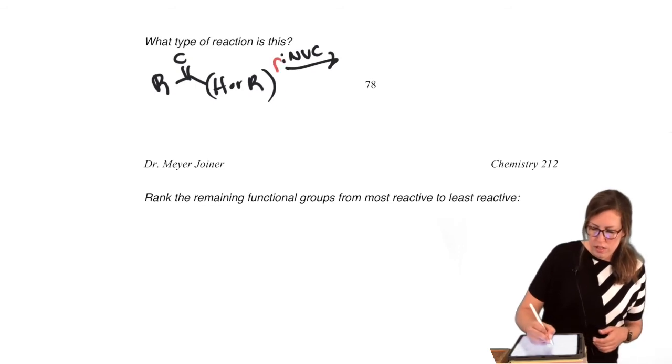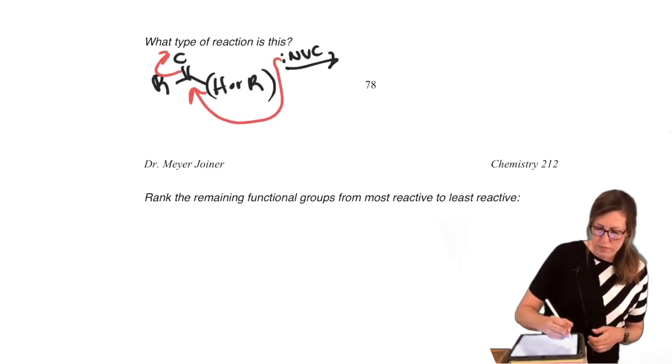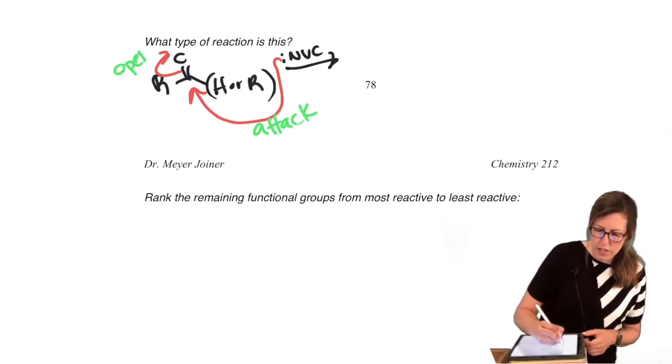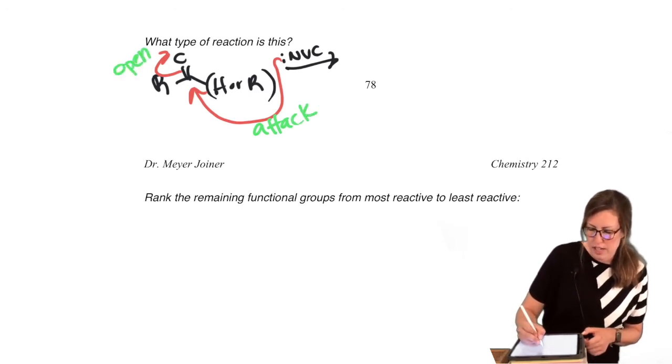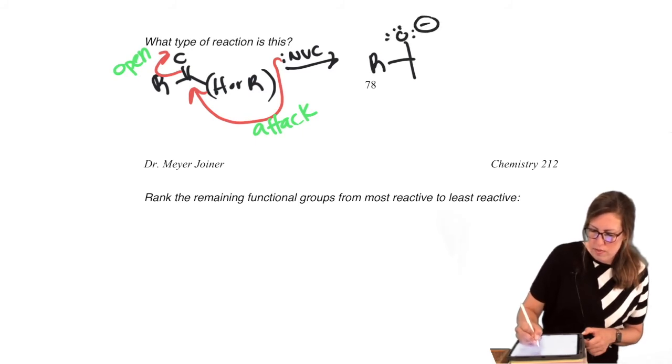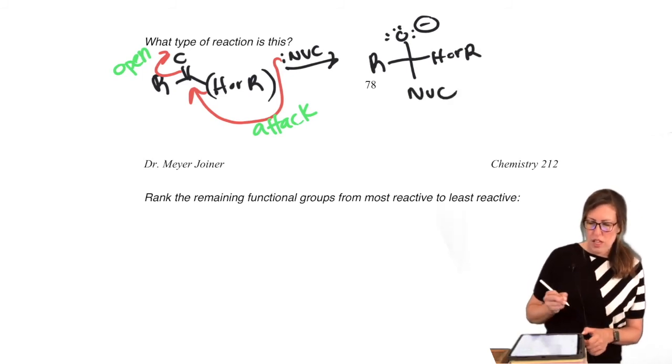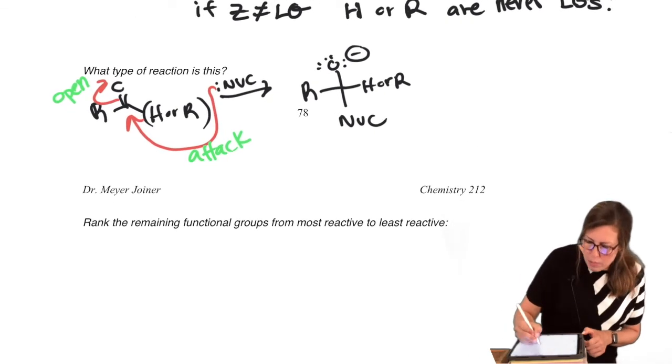We do attack, open. But it's worth reviewing because it's nice to see it side by side. O minus, and we have our H or R in our new group. And then we have our workup step, water is added.